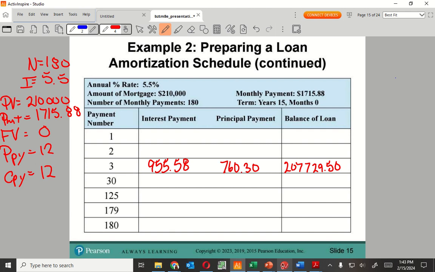It's not going to make a difference. But sometimes you're not given the payment, so you don't want to do this problem twice. You don't want to have to go do the finance solver to find the payment and then come back in. So the calculator does both things together at the same time. That's why you leave it blank. Even if it already gives you the payment, you can put it in if you want, and if it doesn't, you don't have to find it first.